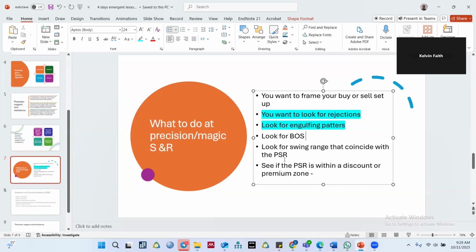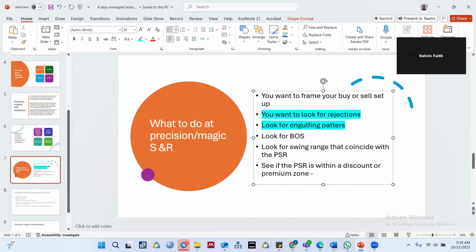Around precision support lines or prices, you also have to look for BOS, break of structure, and look for a swing range around that so that you have an accurate range to deal with in terms of your setup. That can guide your stop loss area and also your TP.